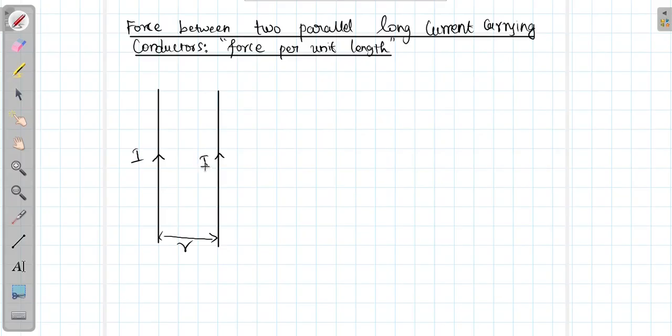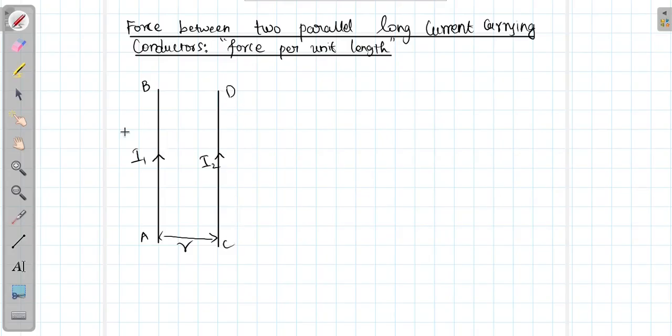In both cases, the same current. We will go for the same current at the end. Now we'll take I1 and I2. This conductor is AB and this conductor is CD.